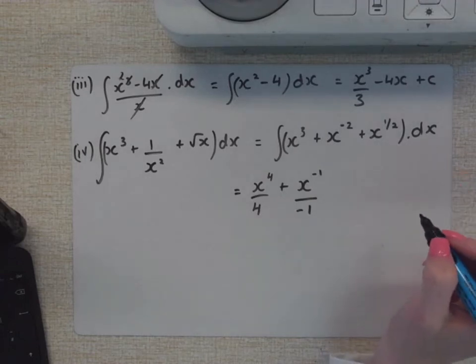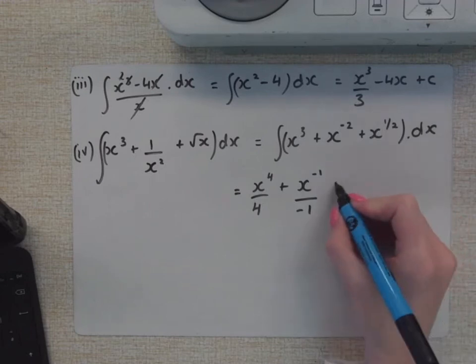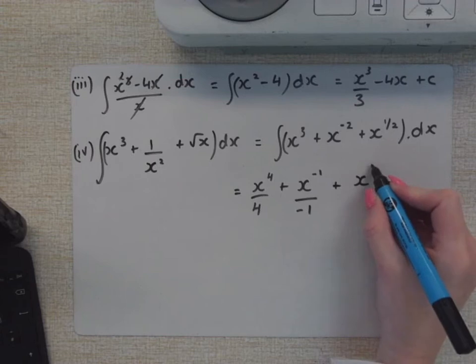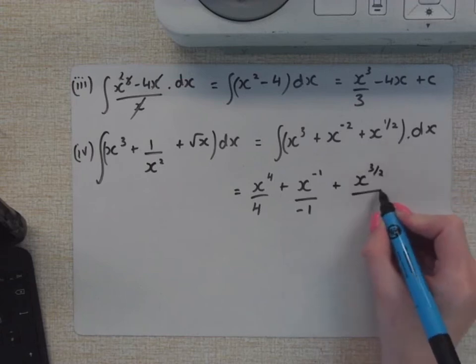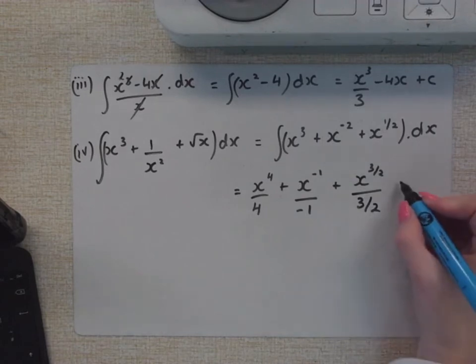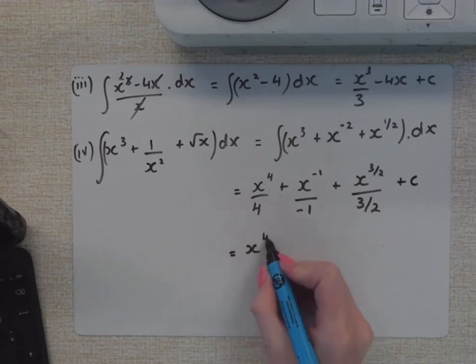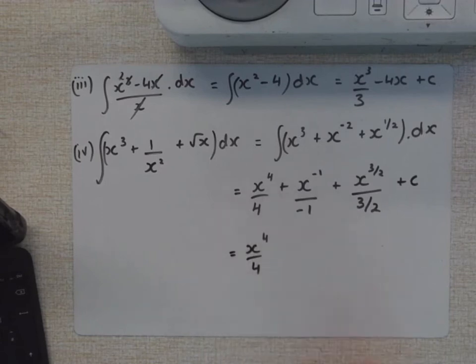Here, x to the power of a half. Increase the power by 1. What do you get? 3 over 2. x to the power of 3 over 2. Now you can leave it here like this, okay, and we're going to tidy it then in a minute. Plus my c.